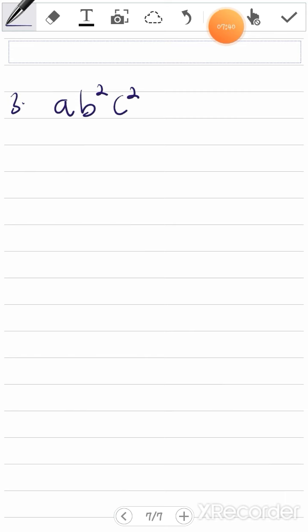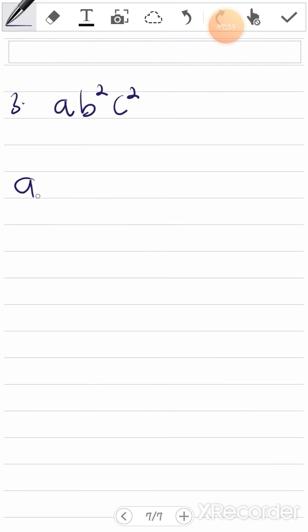For the last one, with the same approach, we can see that we have 3 different variables. They are different from each other. First of all, you take one of them.